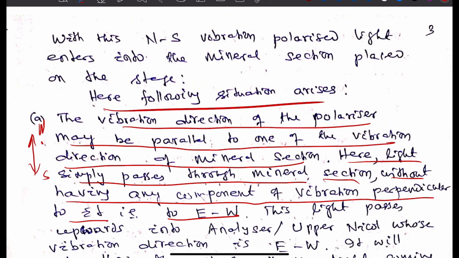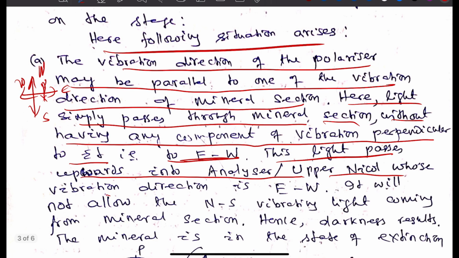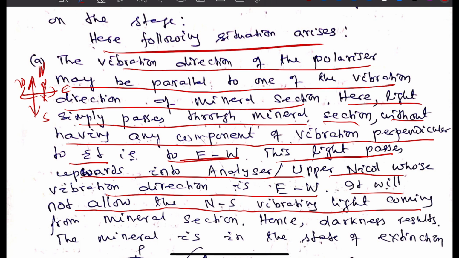So it will simply pass through the mineral and there will be no component along the east-west direction. This light passes upwards into the analyzer, or upper nicol, where the vibration direction is east-west. The analyzer will not allow this north-south vibrating light coming from the mineral section to pass through it. Hence, darkness results. The mineral is said to be in the state of extinction.